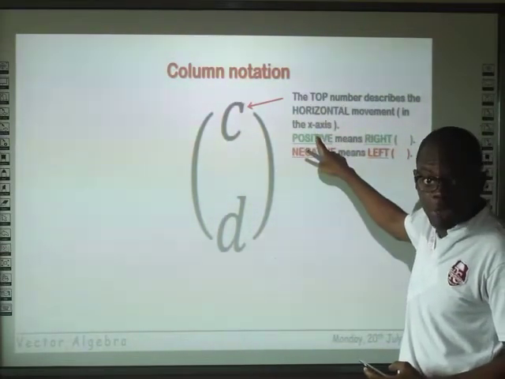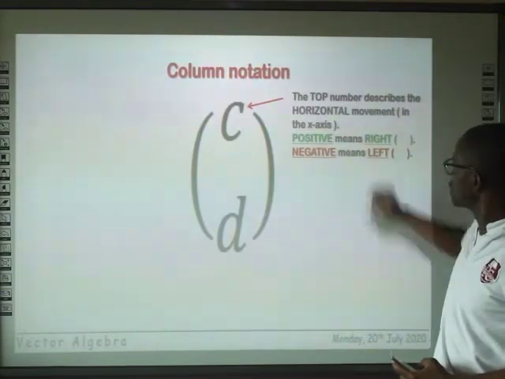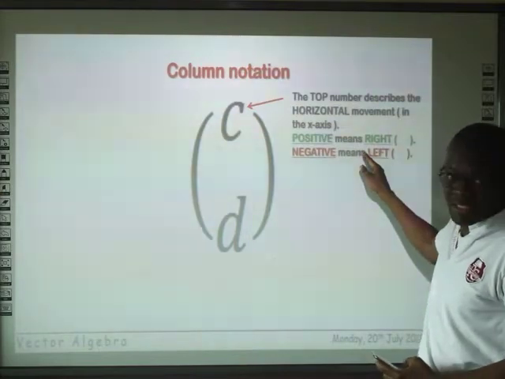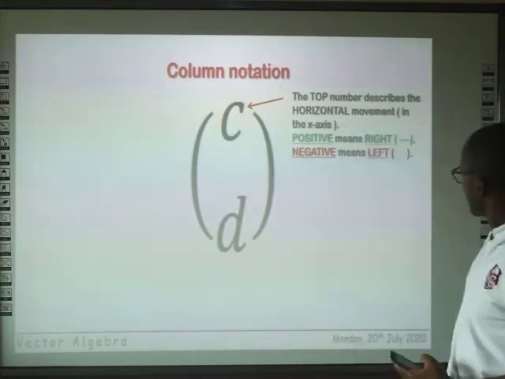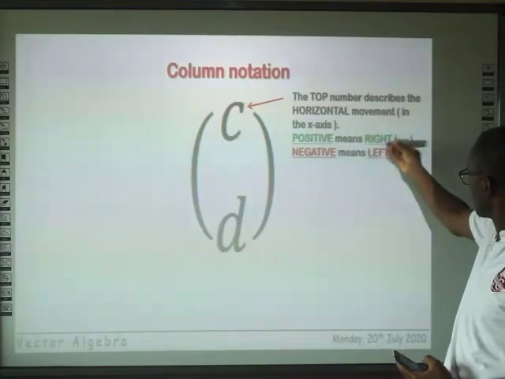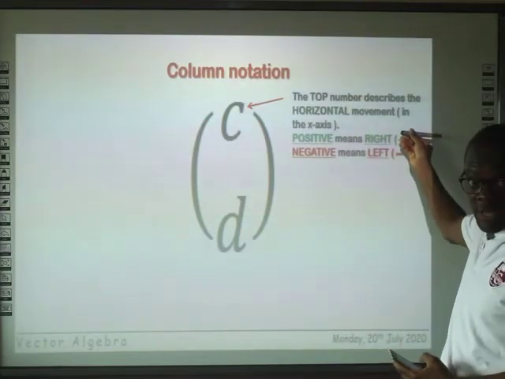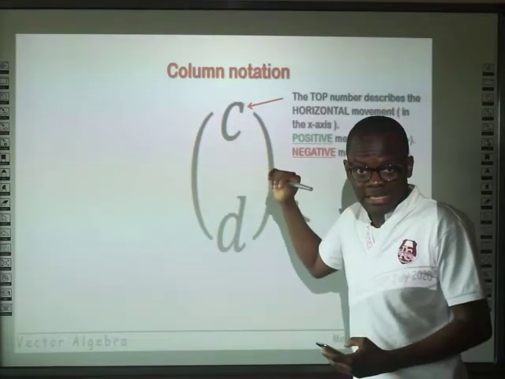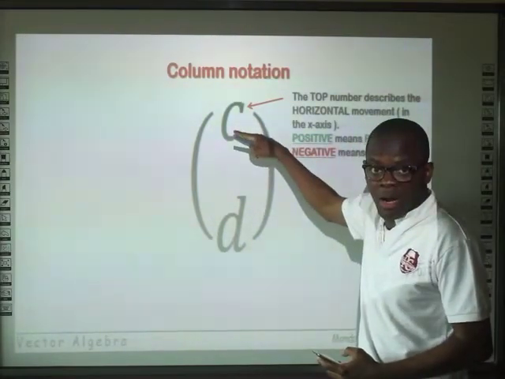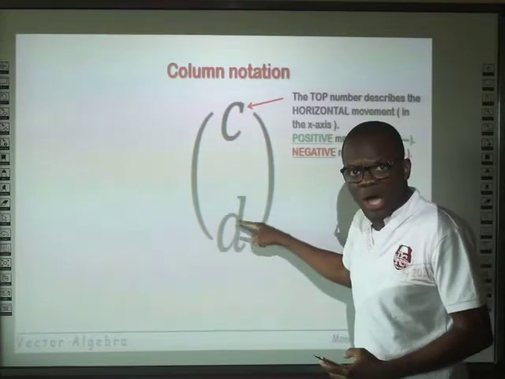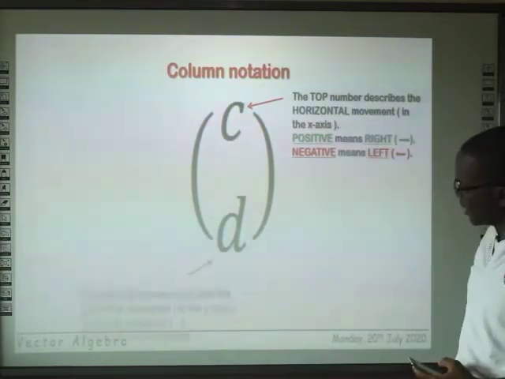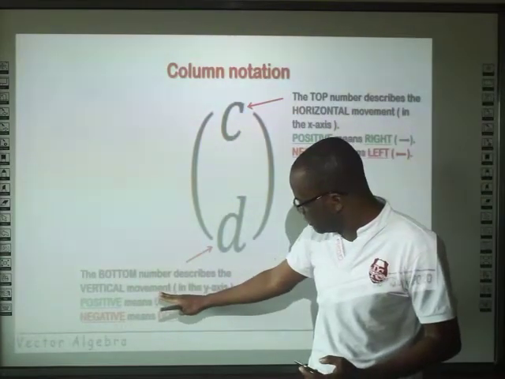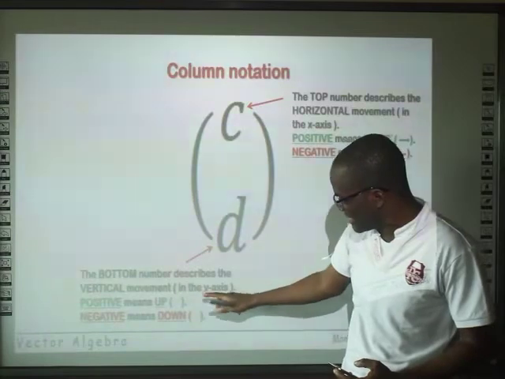If that value is positive, it means you're moving to the right. If that value is negative, it means you're moving to the left. So if you go to the right, it's positive along the x-axis. If you go to the left, it's negative along the x-axis. So that's the first number above. How about the number below? What does that number describe? The bottom number describes the vertical movement in the y-axis.